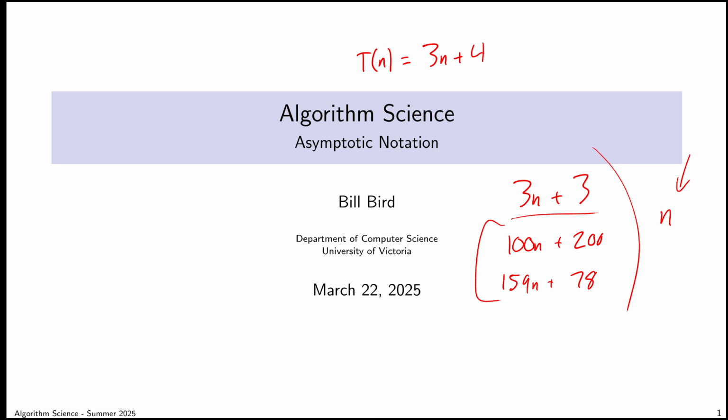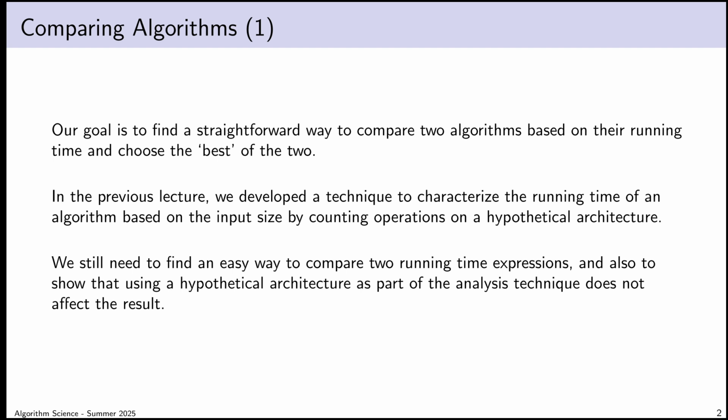We're going to show that it turns out we don't need to worry about that. If we truly can ignore constants, then all we really care about is that we get something that grows proportionally to n. We don't care that much if it's 3n or 5n or 3n plus 7 versus 3n plus 8. So our goal is to find a straightforward way to compare two algorithms based on their running time.